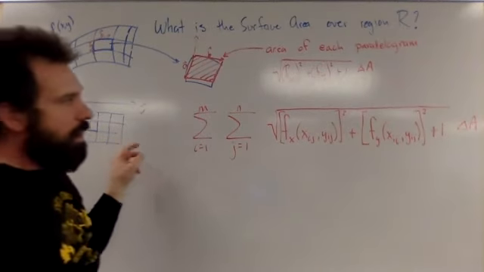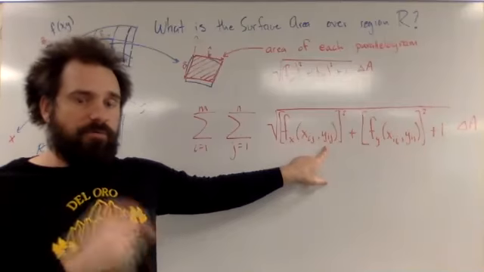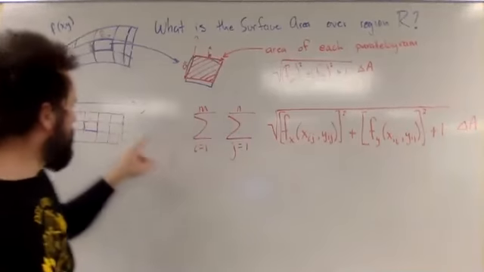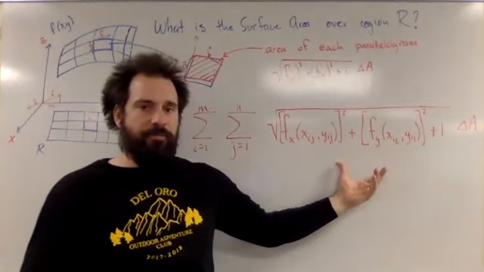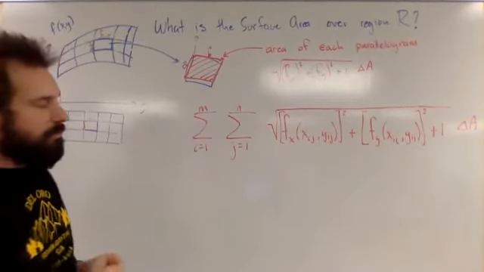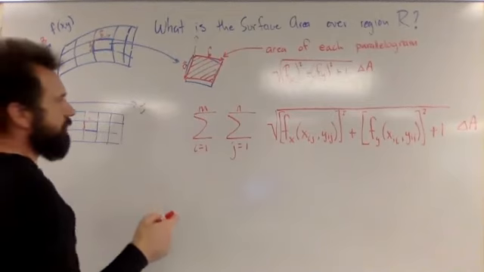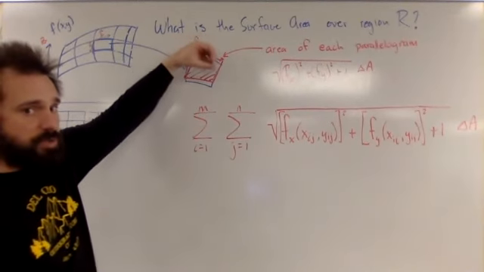Okay? And then for each point, I'm going to pick one point from each of those rectangles here. I'm going to find this value. I'm going to add it together. That gives us an approximation for the surface area. To get the actual surface area, I want these approximations. Each of these parallelograms needs to get smaller and smaller and smaller.